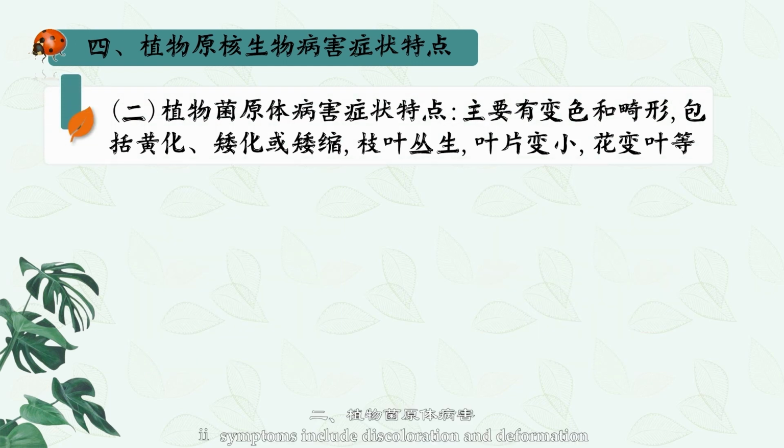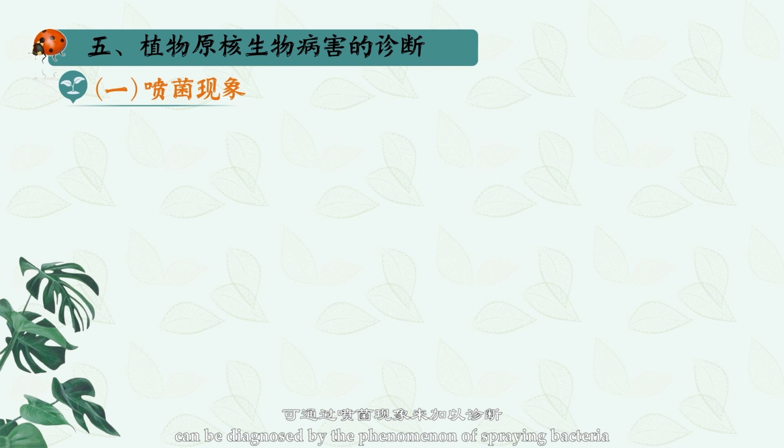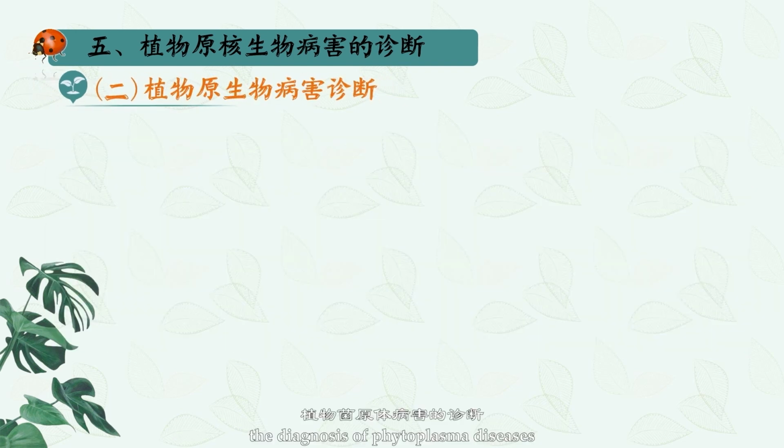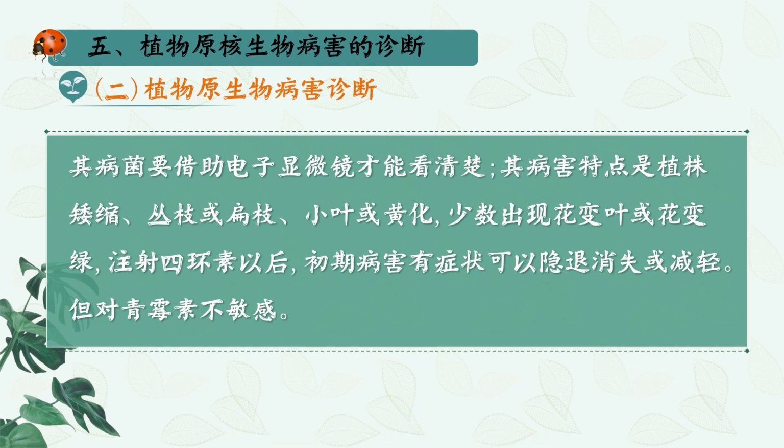Symptoms include discoloration and deformation, including yellowing, dwarfing, branched leaves, small leaves, and flowers. Except for mycoplasma diseases, most bacterial diseases can be diagnosed by the phenomenon of bacterial ooze. The diagnosis of phytoplasma diseases is to observe the bacteria with the help of an electron microscope and to look at the characteristics of the disease.